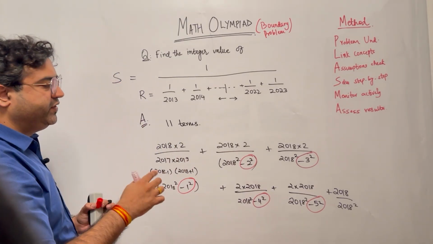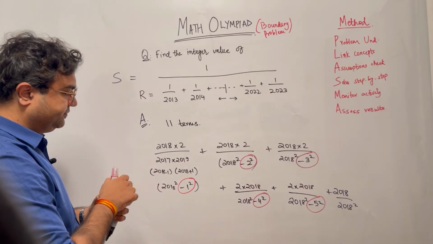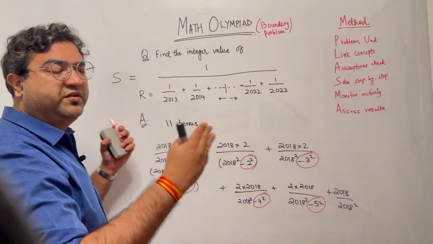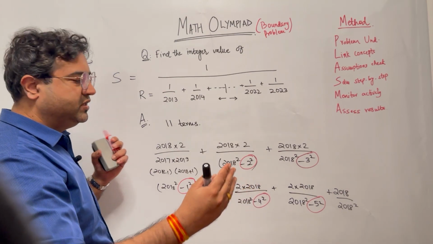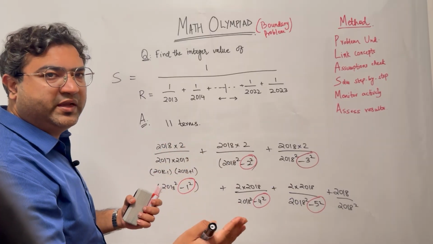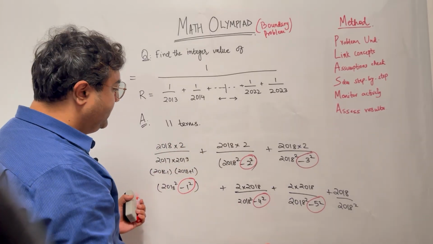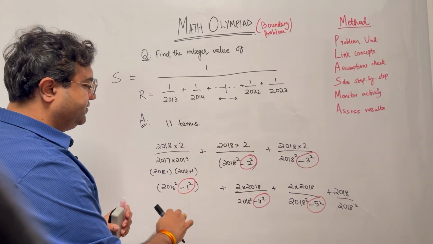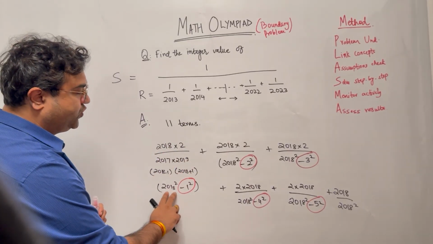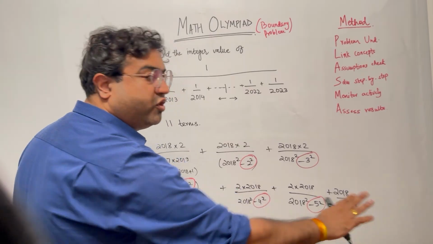Why I'm ignoring? Sometimes when the other quantity is too large, this will become insignificant. That's what, in limits also, we use that theory. That's why I'm ignoring this. Okay. So then what eventually we are left with is 2018 square in the denominator for all of them.